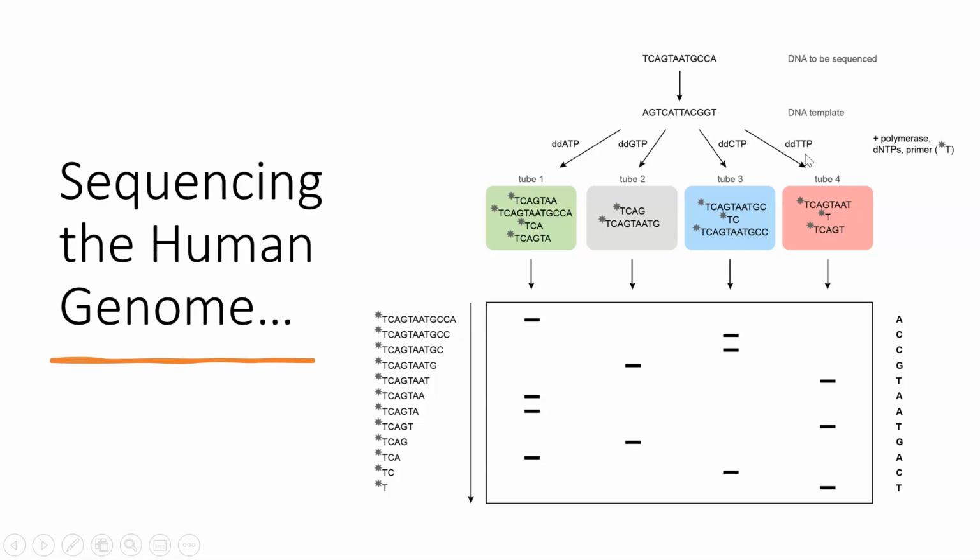Each of these are stopping at specific bases. Then in tube 1, it chopped it into those sections, tube 2 into those sections, tube 3 into those, tube 4 into that. And then we can see how that looks on the template there.